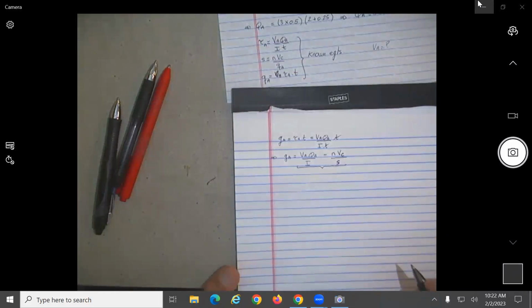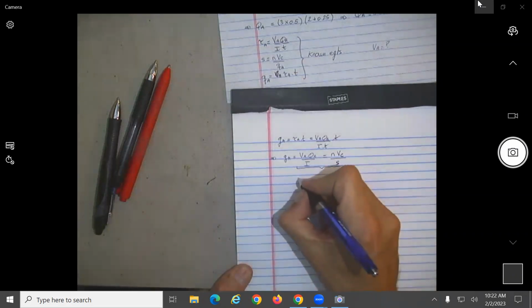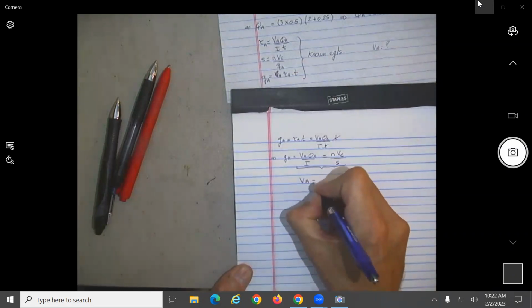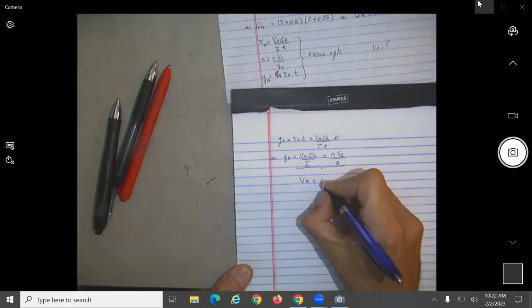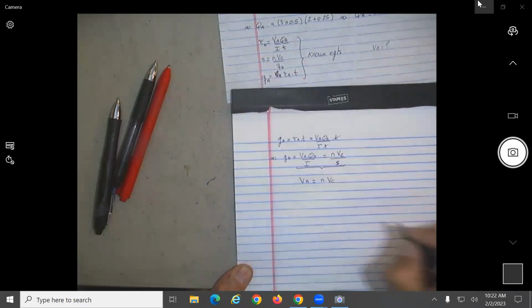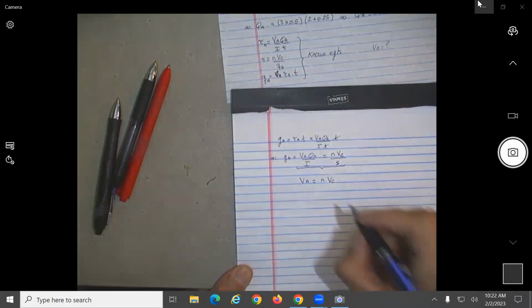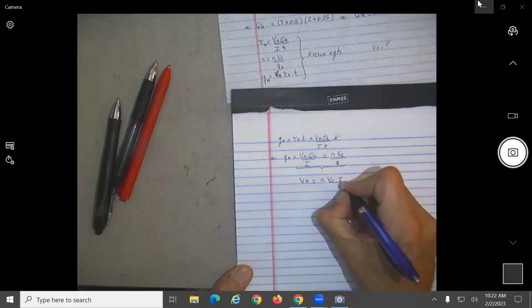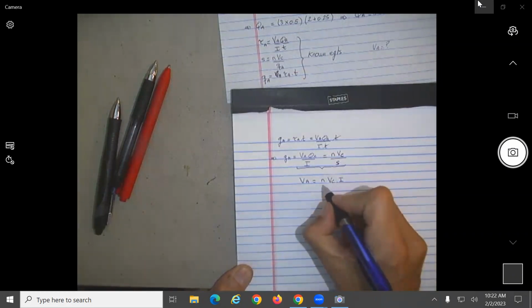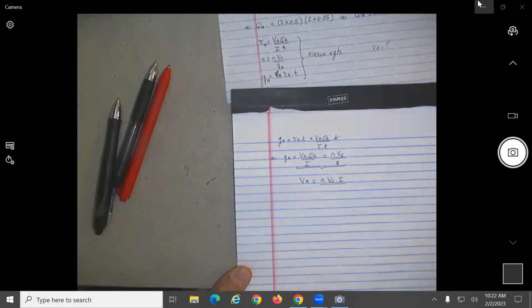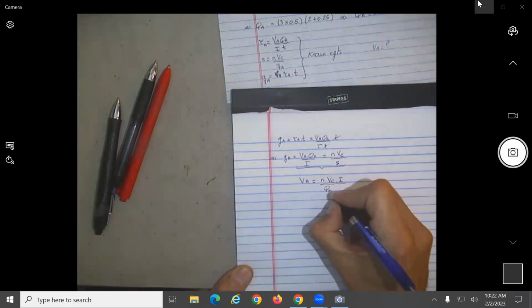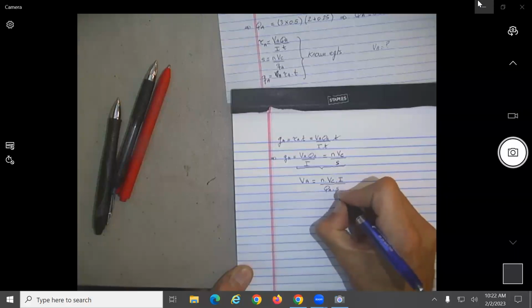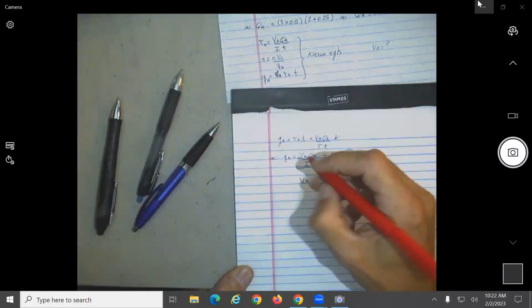Okay, so now if I take this part over here, I can solve for V sub A equal to N times V sub C times the area moment of inertia divided by Q sub A times the spacing.